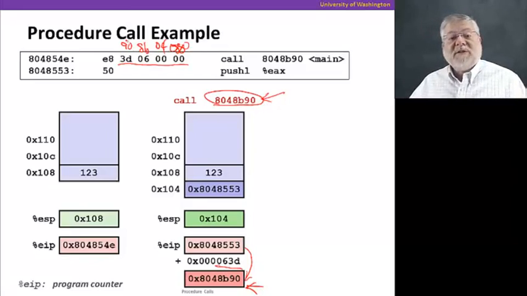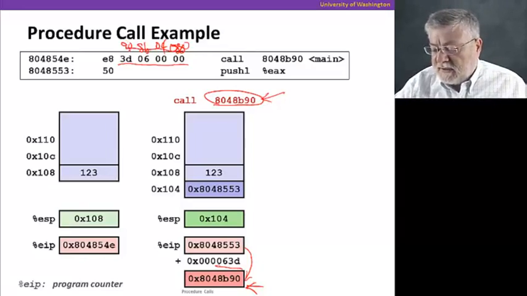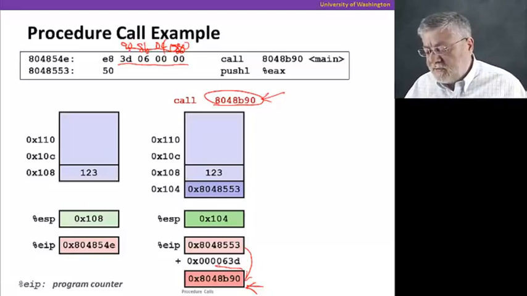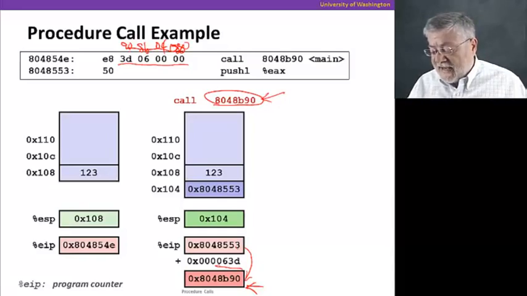We used this relative addressing instead. And in fact, both kinds of instructions exist in the x86 architecture. It doesn't really matter though, because the compiler is doing this for us. And it decided to do it with relative addressing. So the shorter value 063D just gets added to the address.